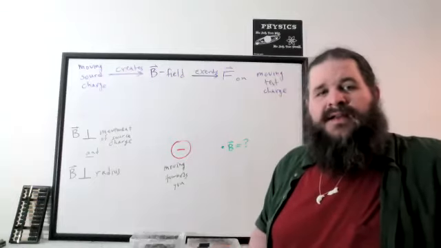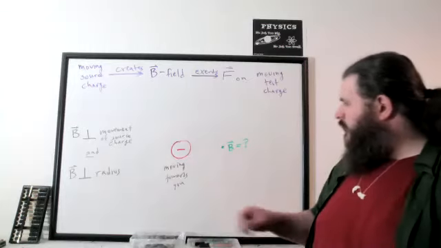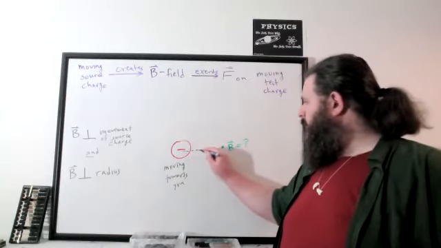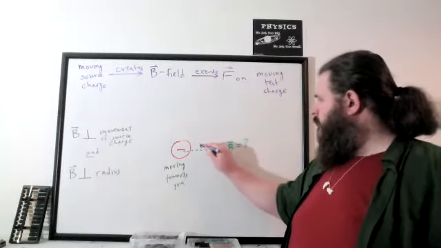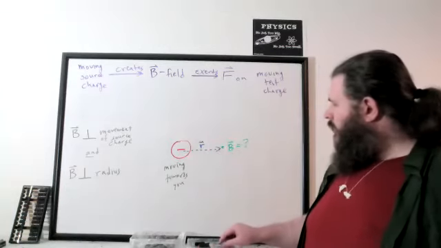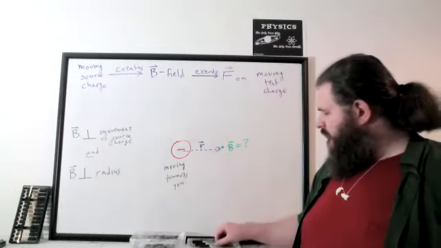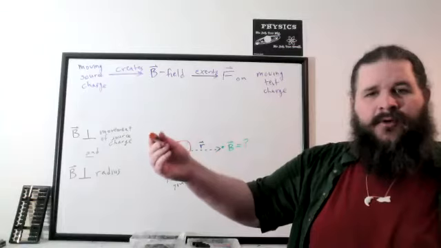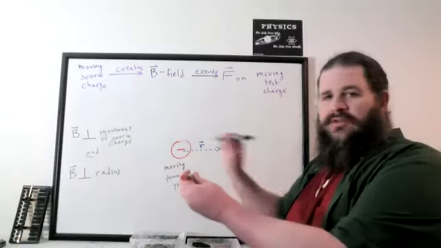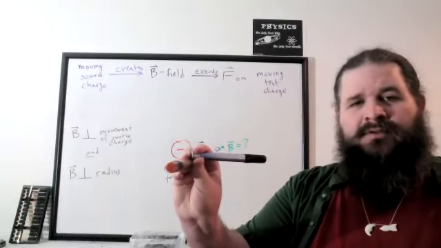Once again, I would start by narrowing it down to two possible directions using the perpendicular properties. If we draw in the radius, and we know that we've got velocity pointing outwards, so velocity pointing out of the board and radius to the right, what are the two possible directions that are perpendicular to both of these vectors?